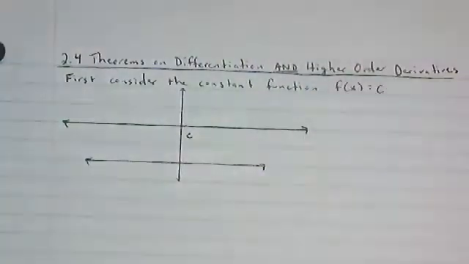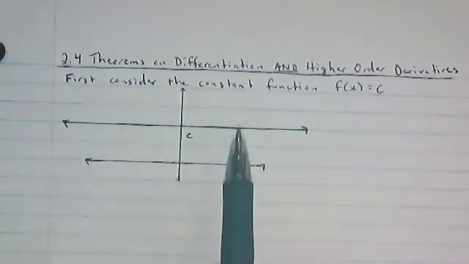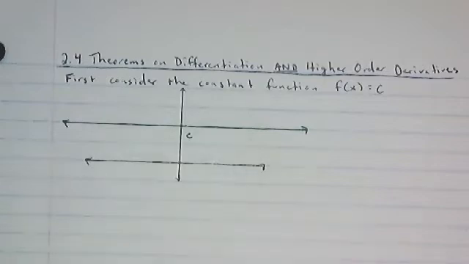And if we recall that the derivative is a way to measure change, or more specifically, the slope of the tangent line to a curve, how is the constant function changing? Not at all. It's literally called constant. It does not change.